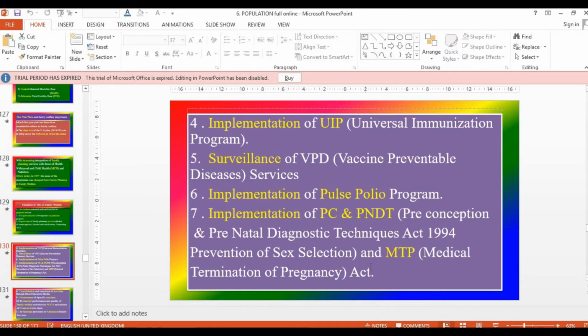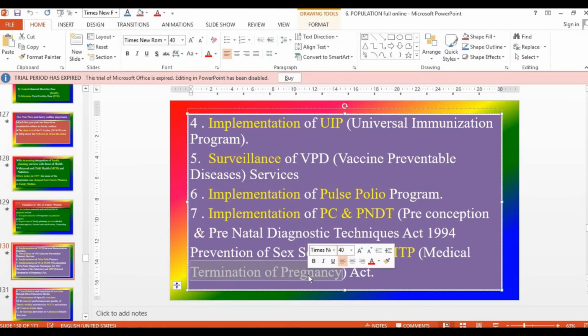Then MTP is a legislation explaining the conditions under which abortion is allowed. It lists the conditions for abortion by a woman. A normal woman is not allowed to do that procedure.